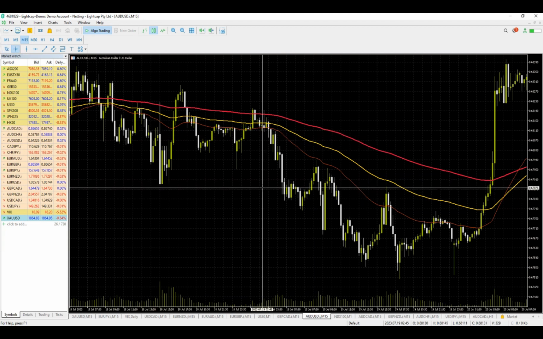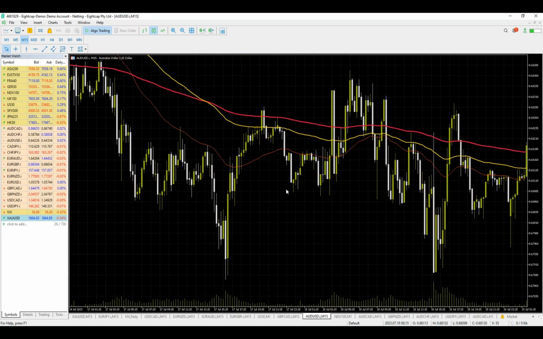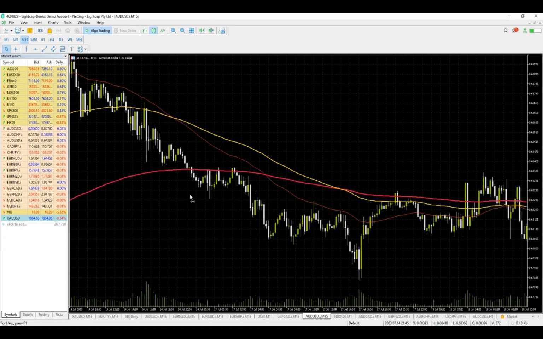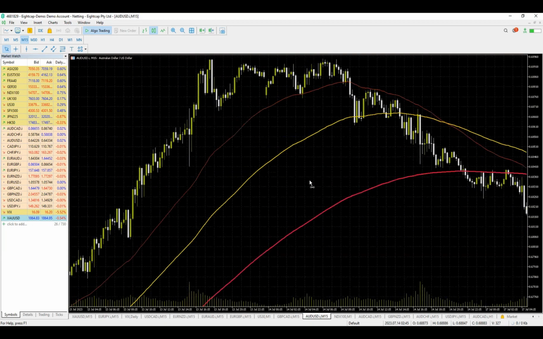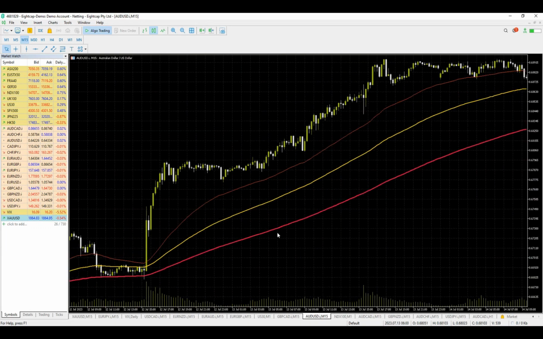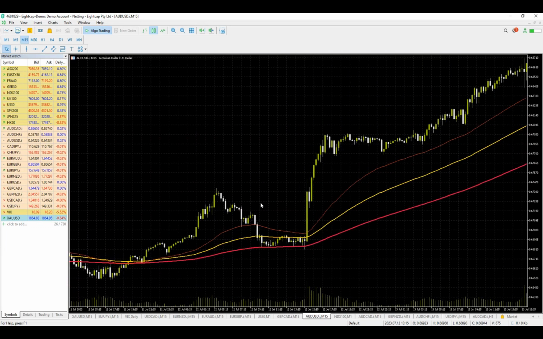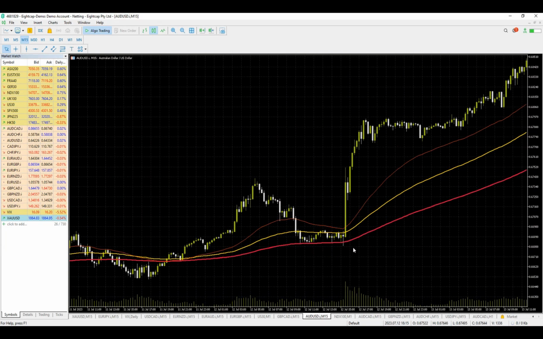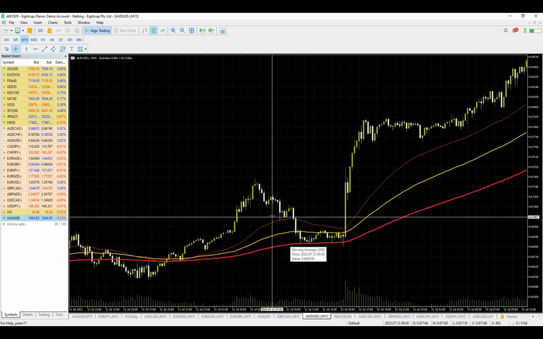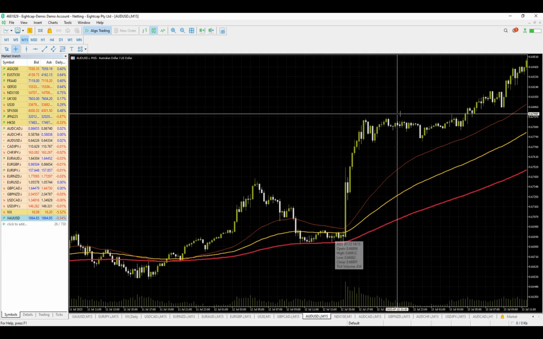Alright guys, so that's it from my side in terms of this strategy. So just a basic strategy. You're going to go test it yourself. Open up the chart, put in these 3 basic moving averages and see how price reacts around it. So like for example, look at this 200 EMA, how the price just bounced off it and just went.